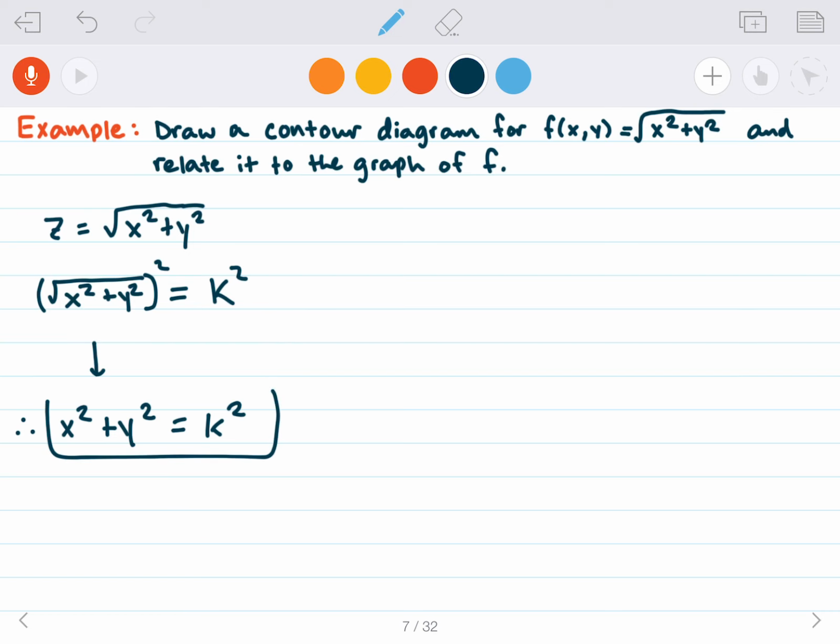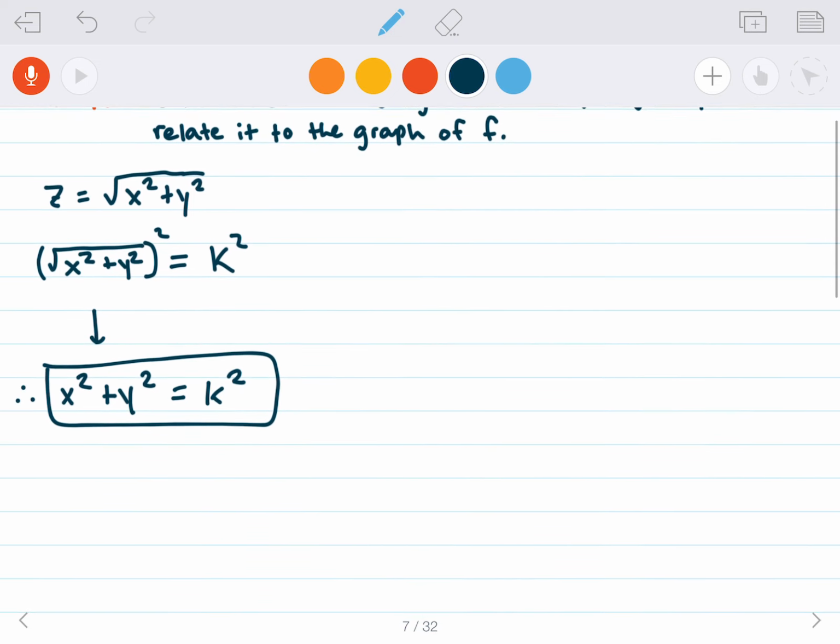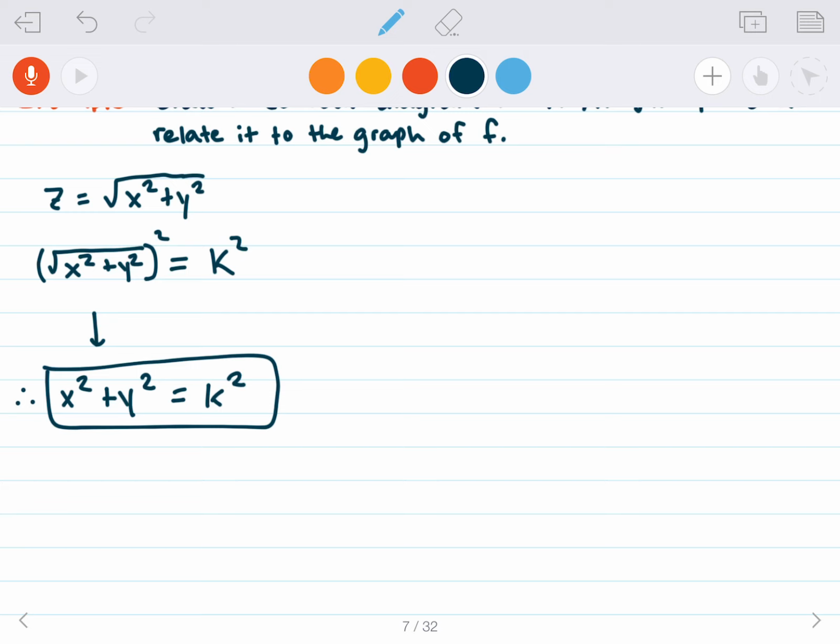So this is what I'm working with right here. And now I want to set k to various values to check out the contours. What do those look like? Well, if I set k equal to 0, I have x squared plus y squared equals 0 squared, which is just 0. k equals 1, I get x squared plus y squared equals 1 squared, which is 1.